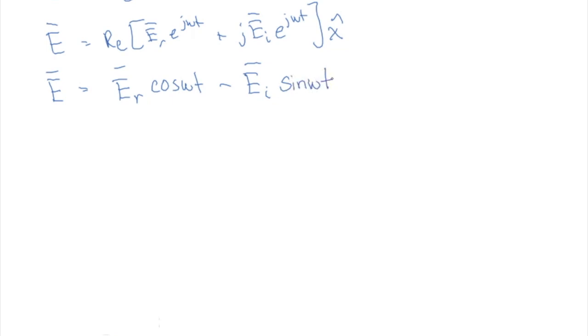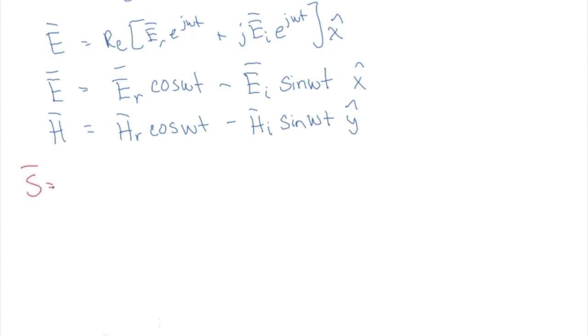This is all still in the x-hat direction. And similarly, we can write our magnetic field as HR times cosine omega t minus HI times sine omega t, all in the y-hat direction.